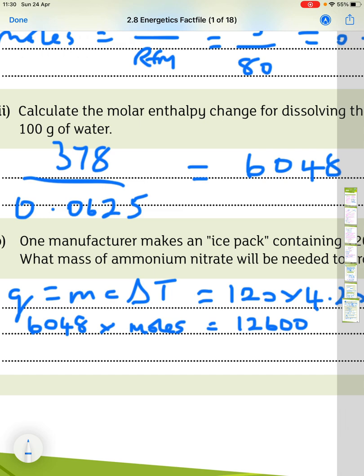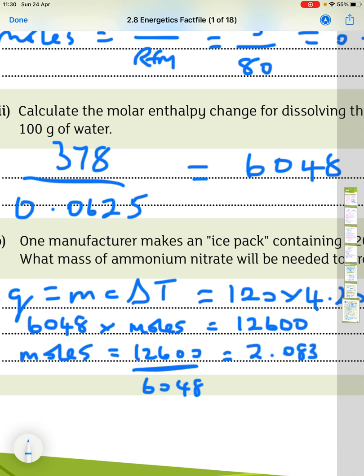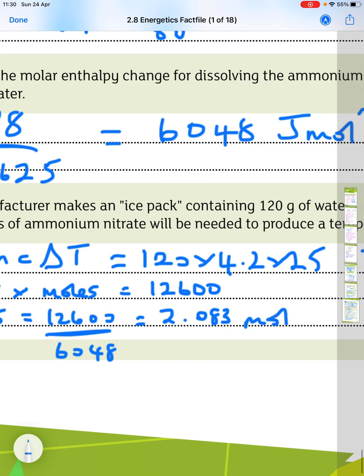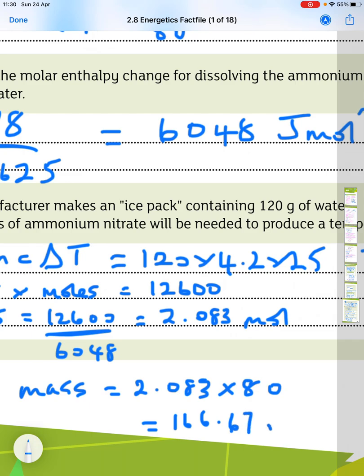So the number of moles then would be 12,600 divided by 6048, which is 2.083 moles. And then the mass is the number of moles times the formula mass, which in this case is 80, which gives us 166.67.